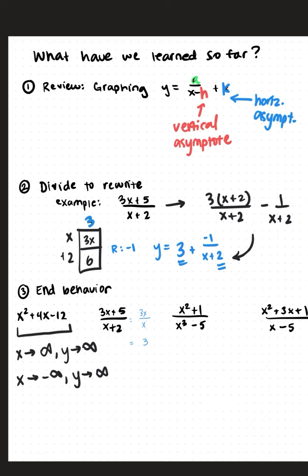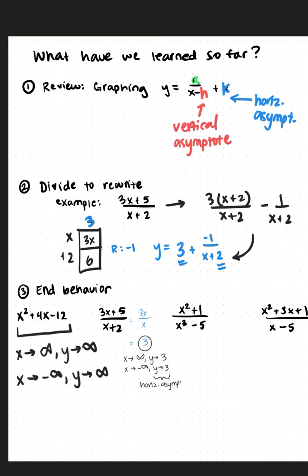That tells you that for 3x plus 5 divided by the quantity x plus 2, as x approaches infinity, y approaches 3, and as x approaches negative infinity, y also approaches 3. Notice how the 3 does not depend on x at all. It's telling us that as x gets really, really large, we simplify to 3, or something really close to 3. Notice this also tells us the horizontal asymptote.